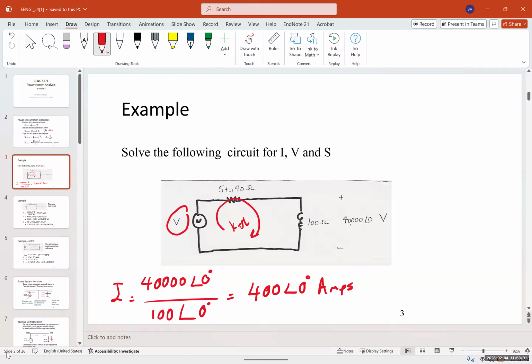Now what about the voltage, V? So I can do a KVL, and if I do a KVL, it's going to be V minus the inductance times I minus the voltage of that resistor.